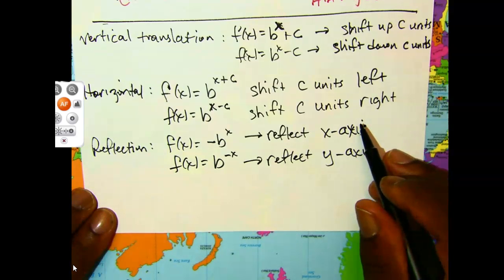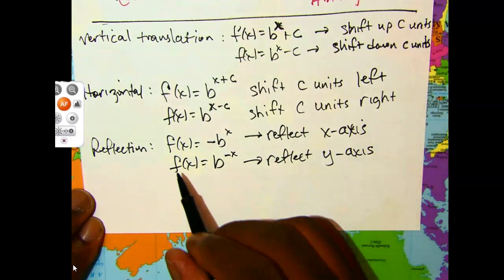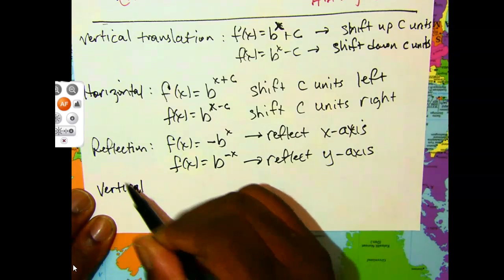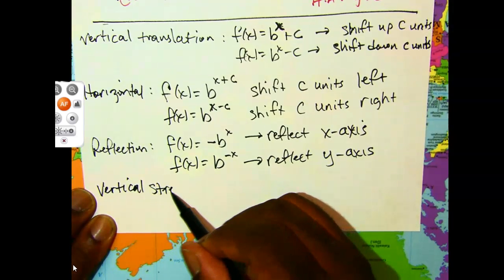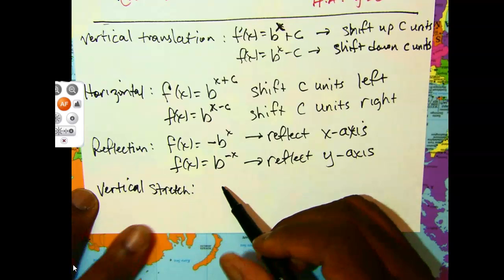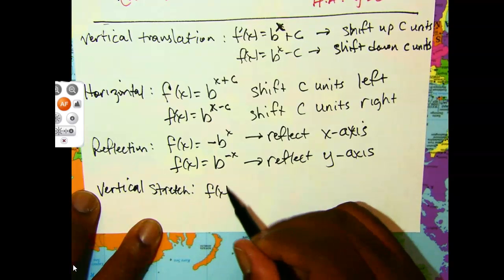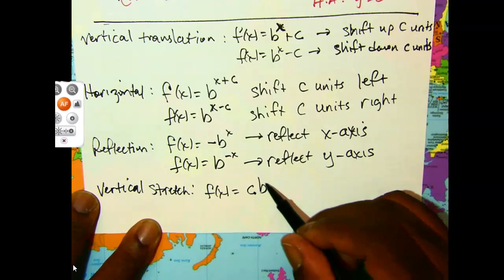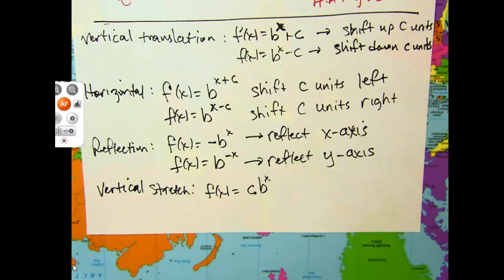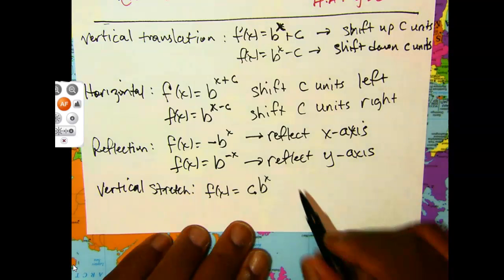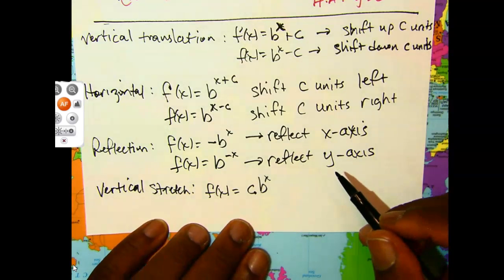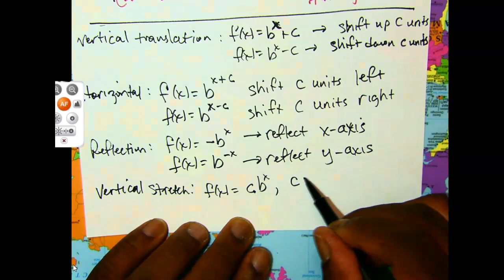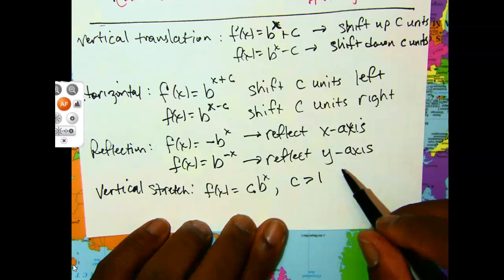Okay. And our vertical stretch. So that one is f of x is equal to c times b to the x. Now, if c is greater than 1, then you have a stretch.